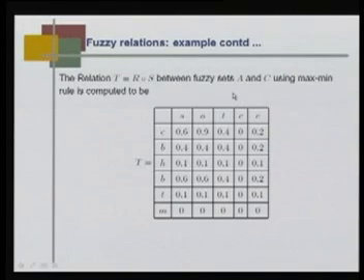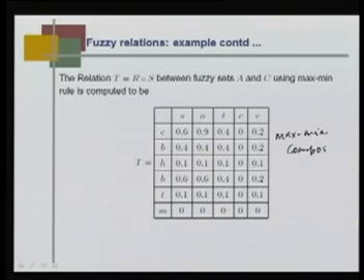Once I found what R and S are, the next step is to find the relation T. Relation T between car and corner can be found using the inference mechanism, which is the composition rule. We have used max min composition.